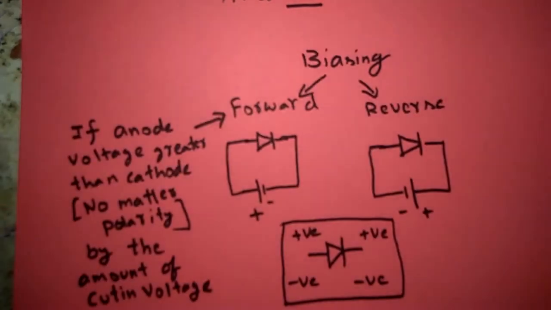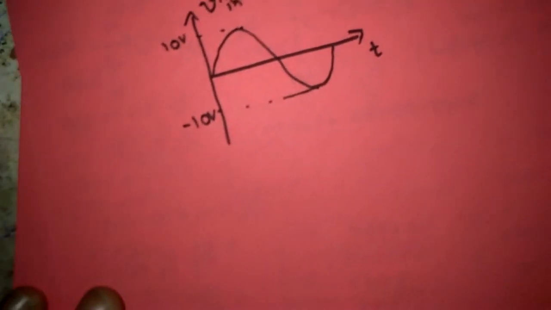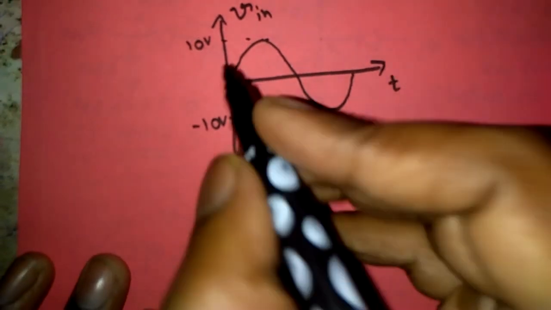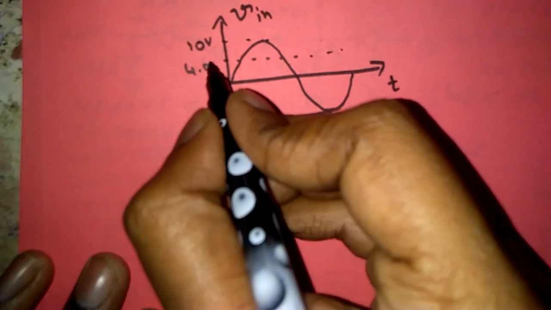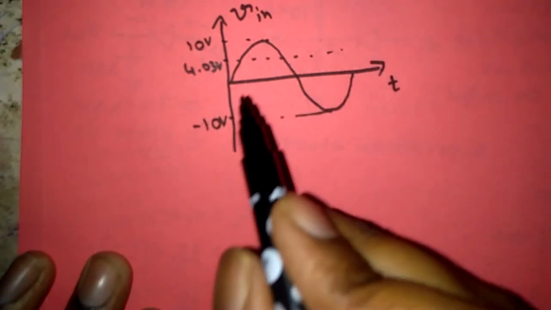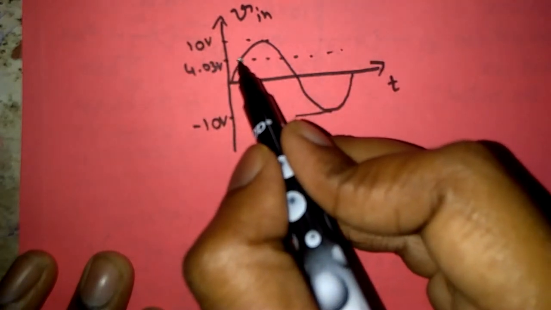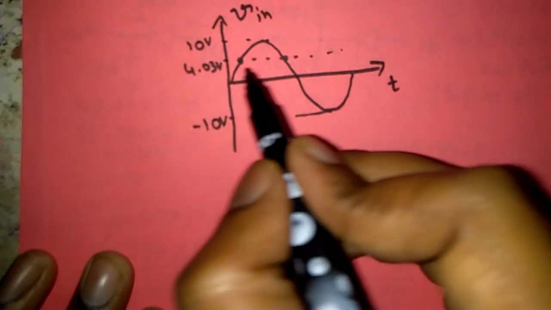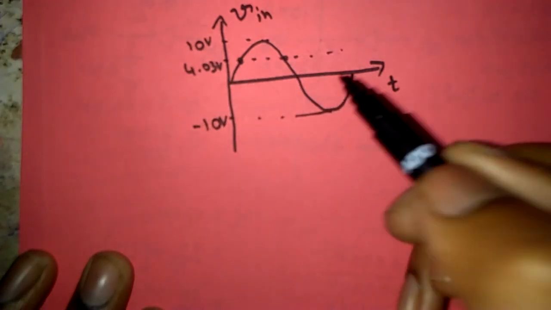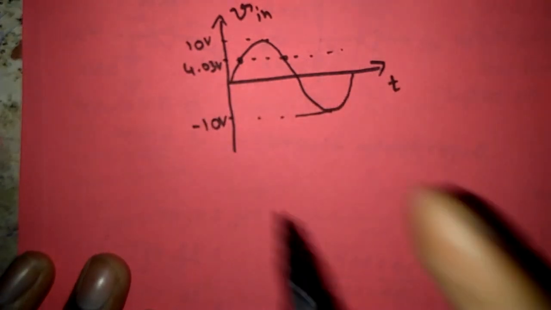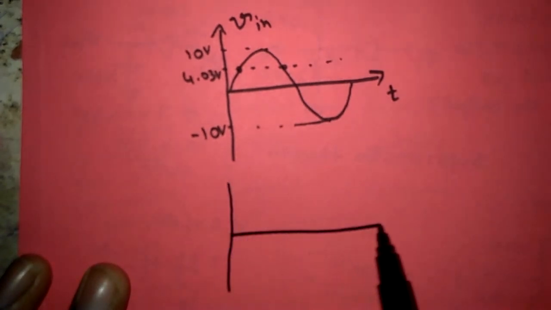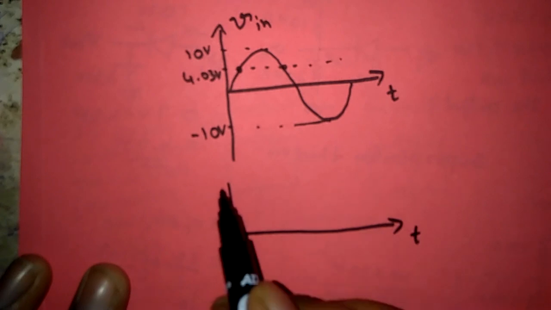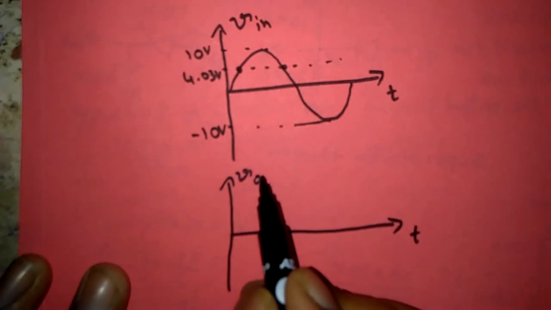So I will mention this reference voltage on this waveform like this. So 4.03 volts. The points at which this reference voltage touches the input waveform are very important. For showing the output waveform, I will draw a graph which is parallel to the input waveform. This is V out.